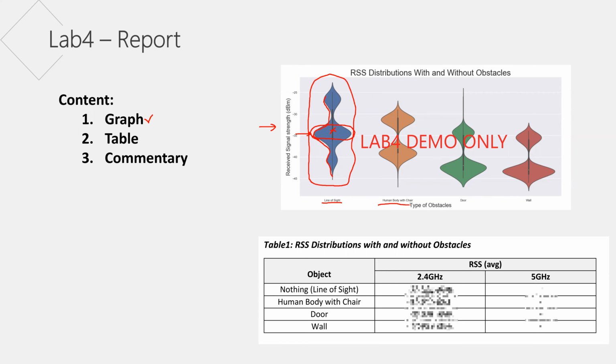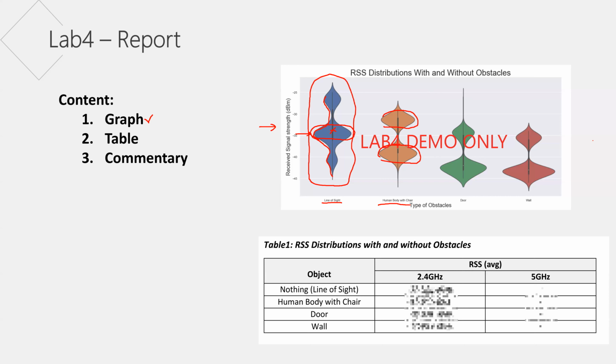And for the human body with chair as the obstacles, most of the distribution is in these two areas, which means it's minus 30 and minus 40, right? So we can use the violin plot to identify the distribution of the data set.